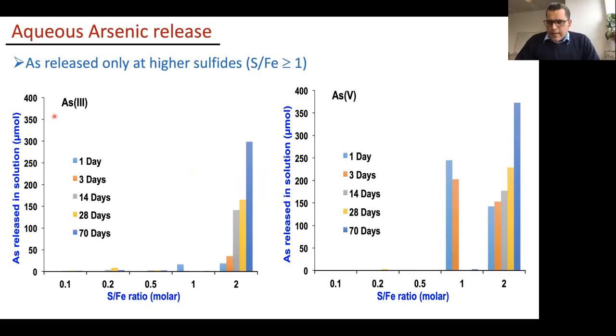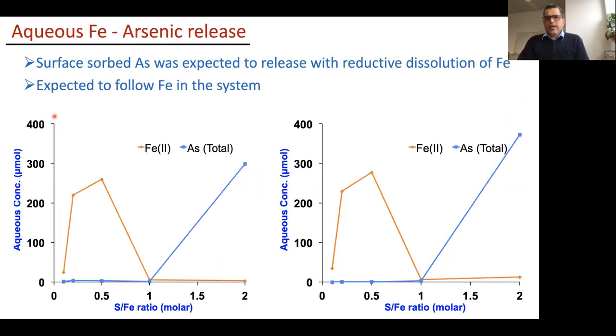When we look at arsenic in the aqueous phase, we found that arsenic was only released at the highest sulfide ratio of 2. We had originally anticipated that arsenic would be released as the reductive dissolution of ferrihydrite starts, so that when you start to have iron 2 in the solution, the surface-sorbed arsenic would also come into the solution.